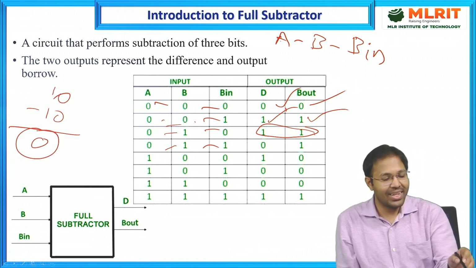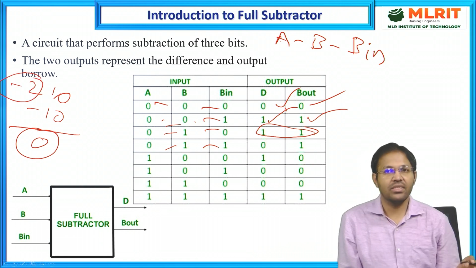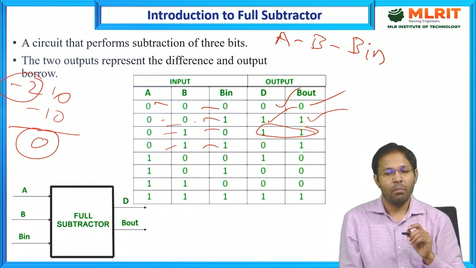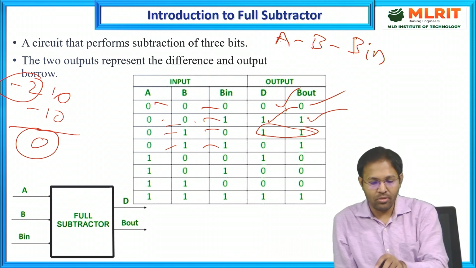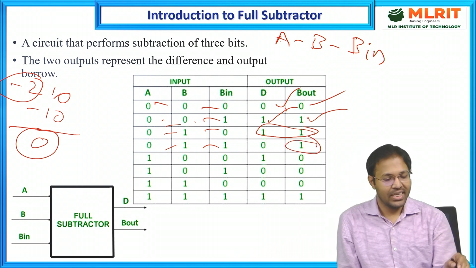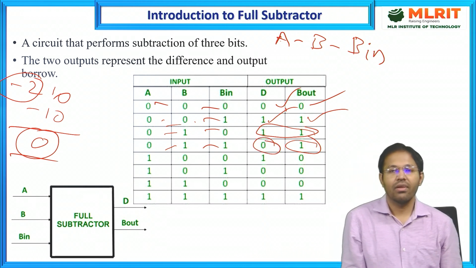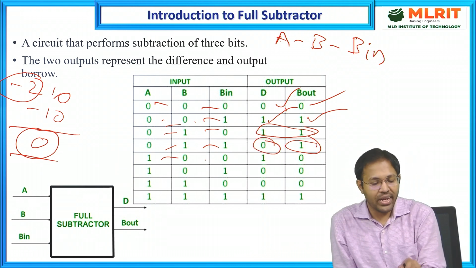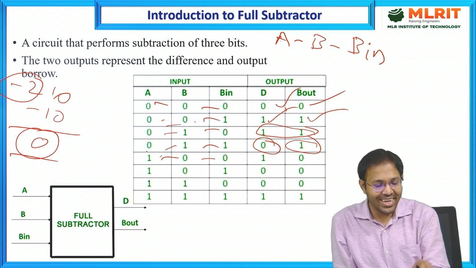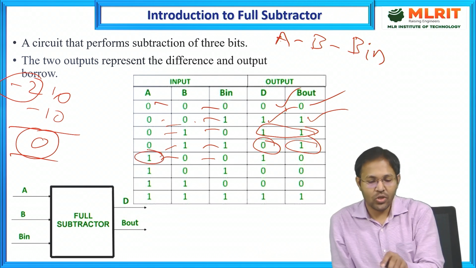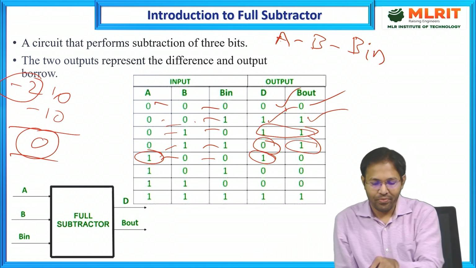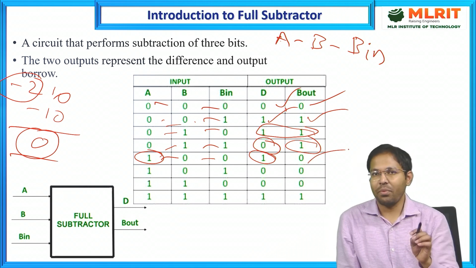So, wherever the result is actually minus 2, we are supposed to take a borrow. So, borrow will be there, but difference is actually 0. Fine. Next case, 1 minus 0 minus 0. Result is 1. So, difference is 1. We don't need to take any borrow because the result is already positive.